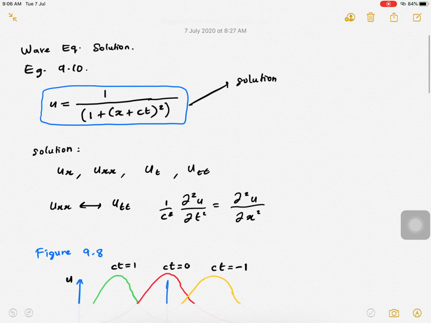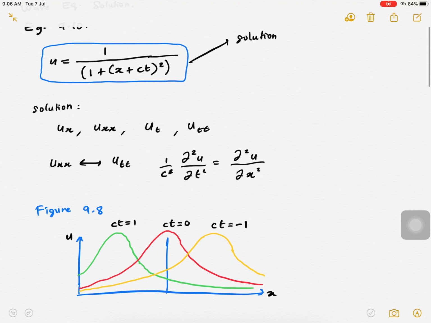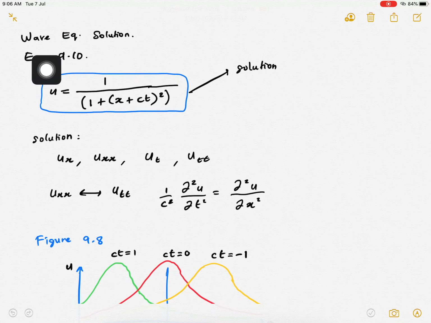Now we want to see the behavior of this equation. We can plot this equation for various values of x and three values of ct.